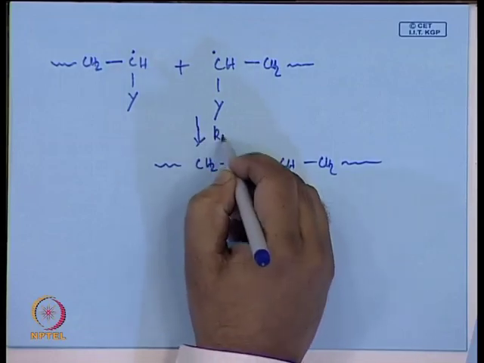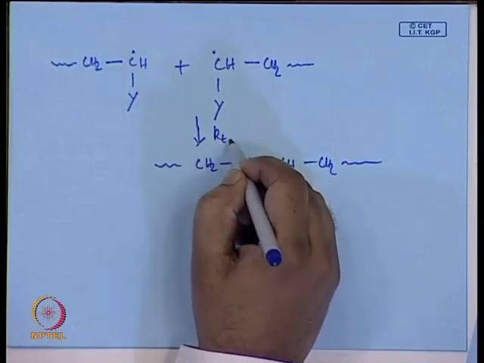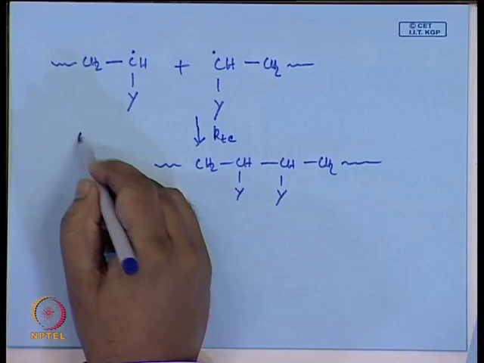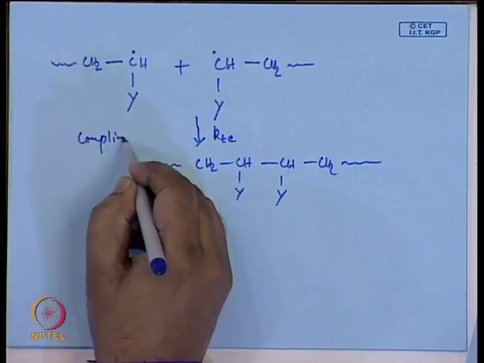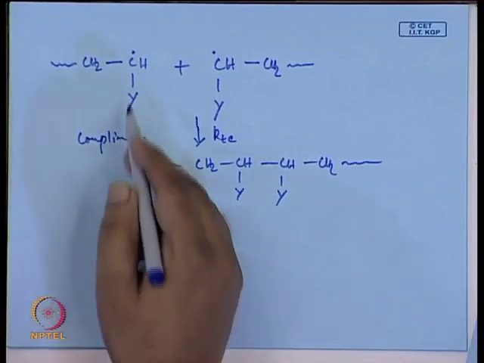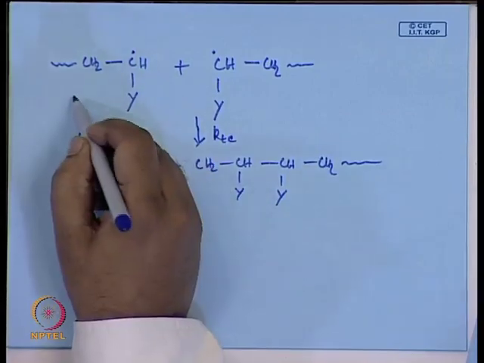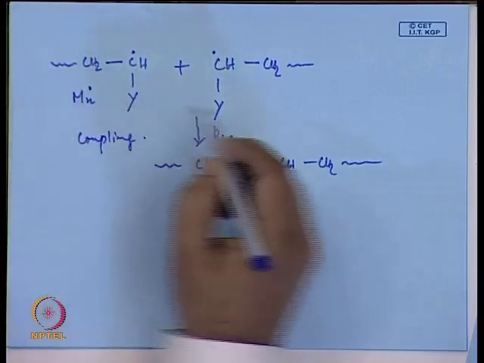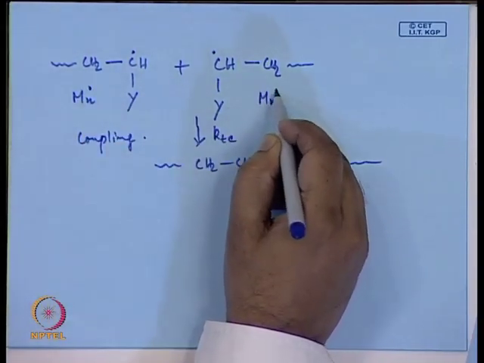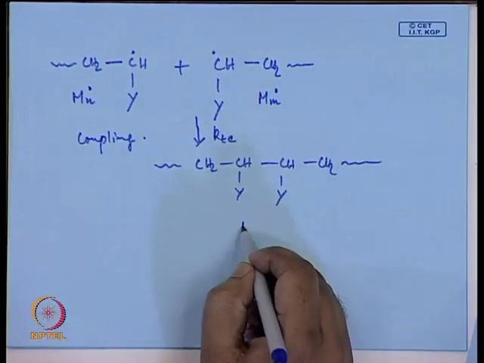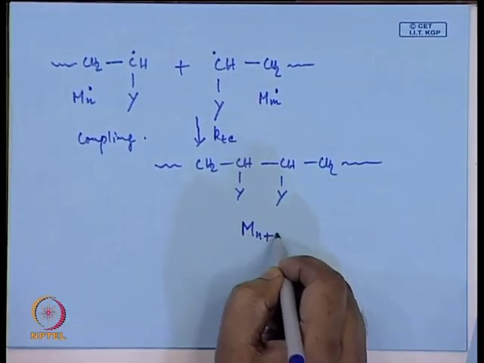That is K termination by coupling. This is a coupling process. So, if I write this as Mn dot and this as Mm dot, then this will be Mn plus m.